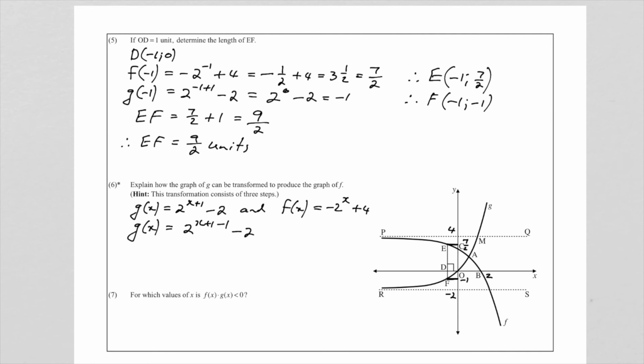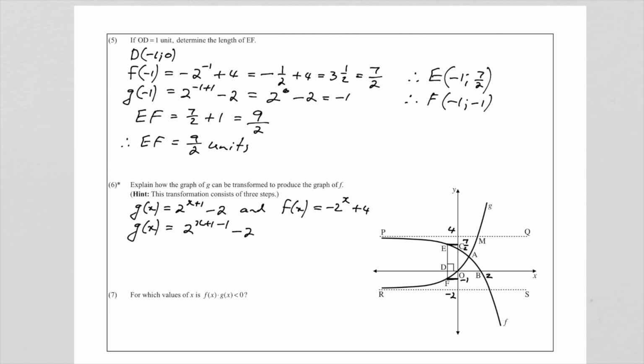The second thing that we need to do is this: G, as you can see, is an increasing function and F is decreasing. So that means we need to reflect G in the x-axis to try to get to F. So we're going to do a reflection in the x-axis, which means y becomes negative.